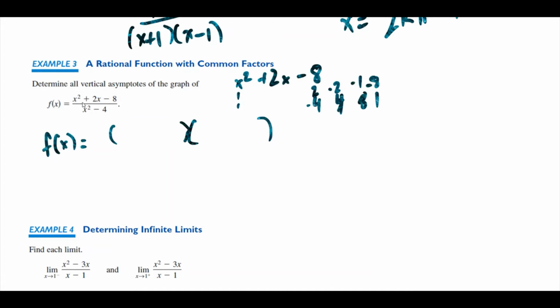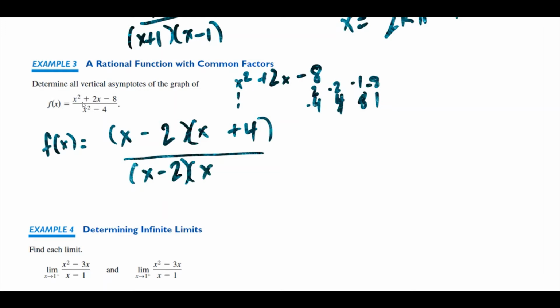Well, we have 1 times positive 4 and 1 times negative 2. So if we have x plus 4 and x minus 2, that should get us where we need to go. Our denominator is a difference of squares, so we have x minus 2 times x plus 2, and that's lovely because those cancel out.